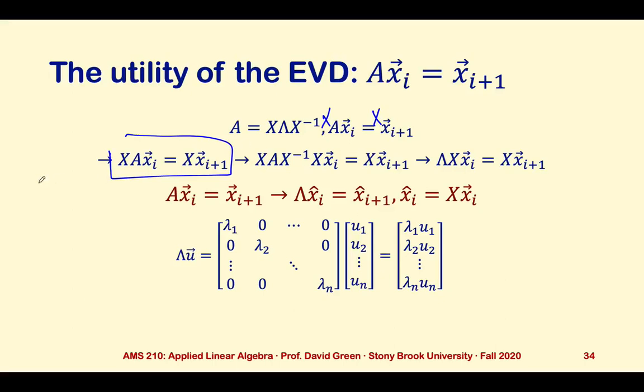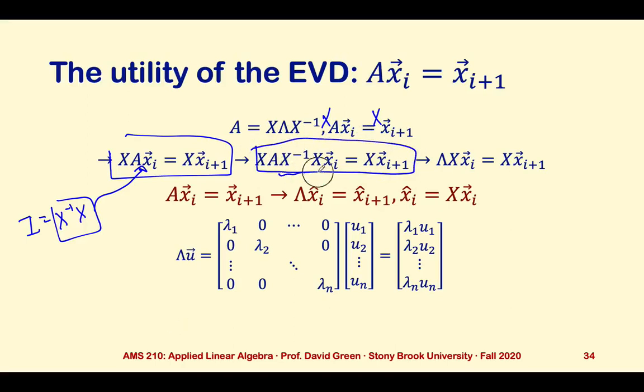Now what I'm also going to do is note that I equals X inverse times X, and I can always insert an identity matrix. So I can take this and insert it into this position here, multiplying A by the identity matrix, always allowed. This then gives us an expression that looks like this. I've just added in this piece that is equivalent to the identity matrix.